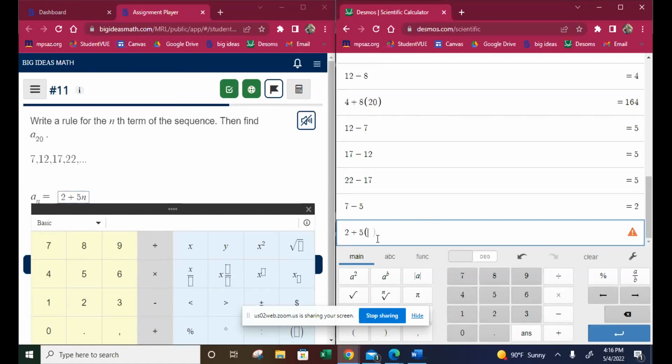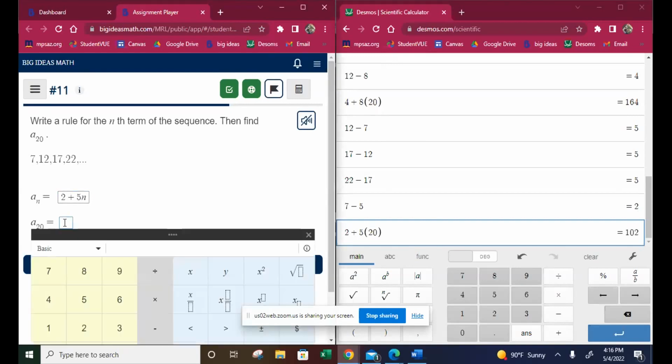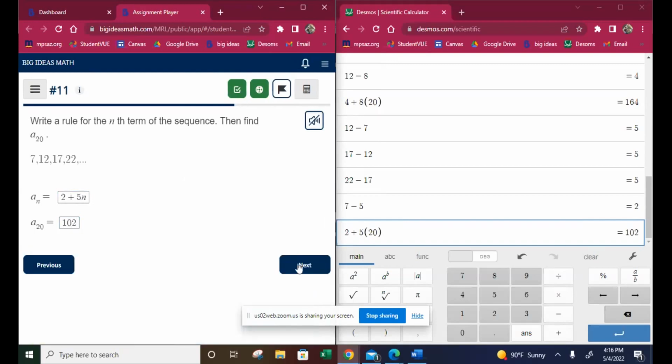And then I don't know what it's asking for. Probably the 20th term, maybe. 102. Cool.